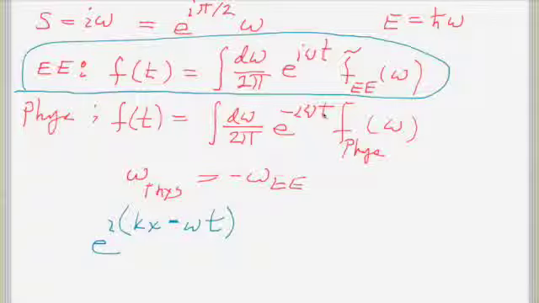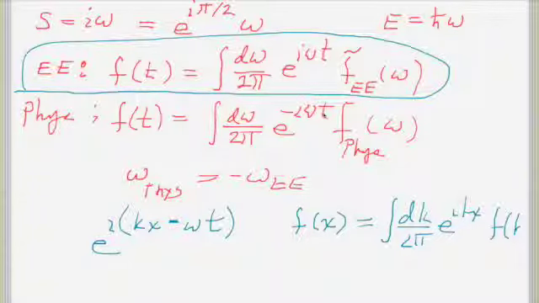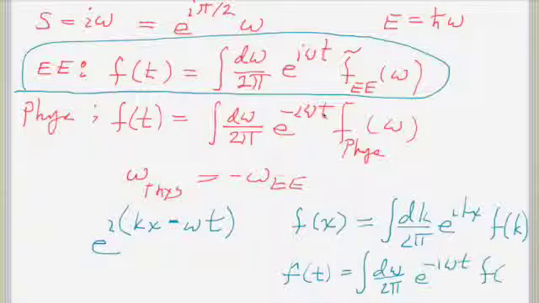So in physics you have f of x, let me see if I can get this right, is the one you would expect: integral, in one dimension, dk over 2 pi e to the plus i kx times f of k. So you add up all those components like this, but f of t has the other sign convention: integral d omega over 2 pi e to the minus i omega t f of omega.